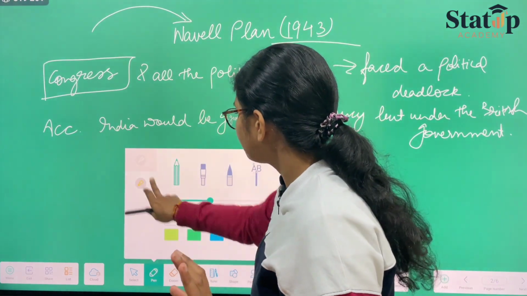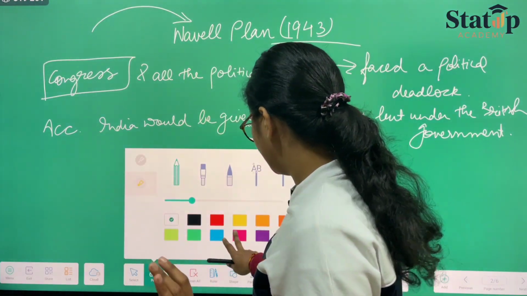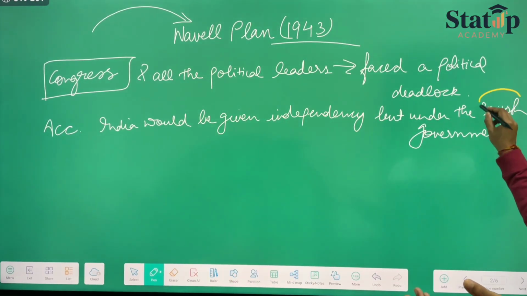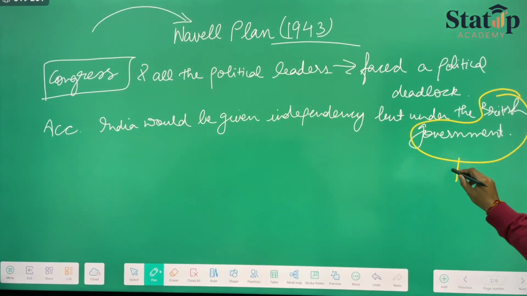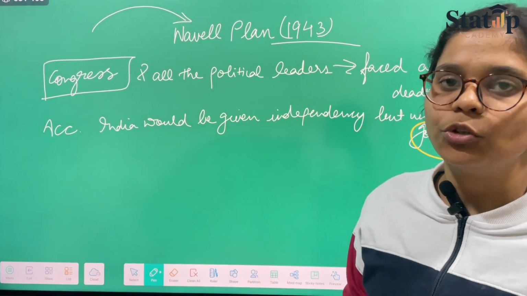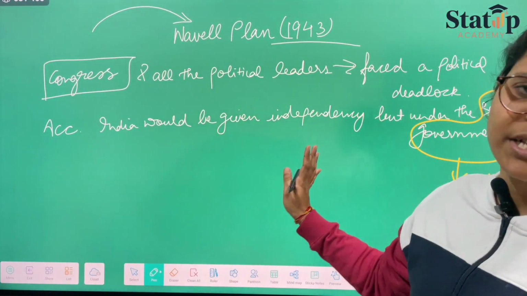If India is gaining a certain sort of independence, that too under the British, that means that the British will not leave us, but they would be sitting on our forehead and will continue to rule us. We do not want such a thing.